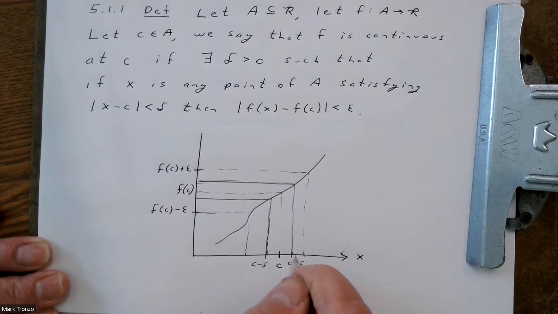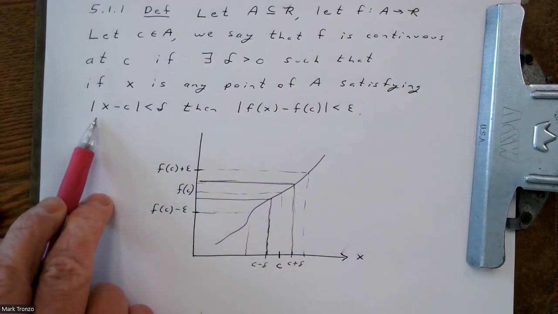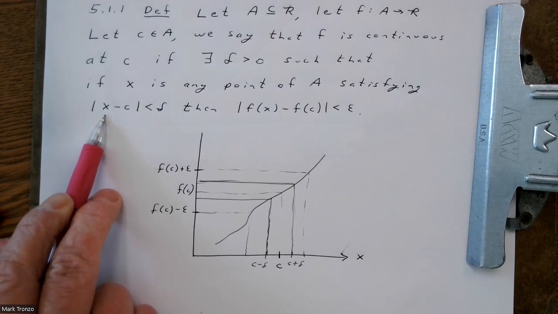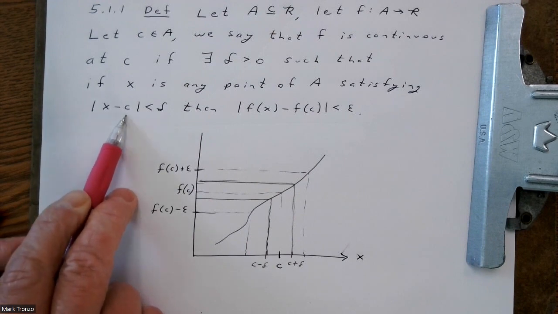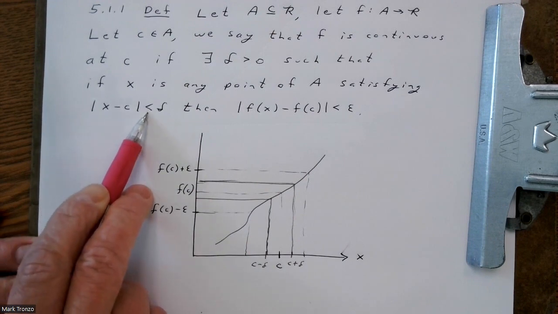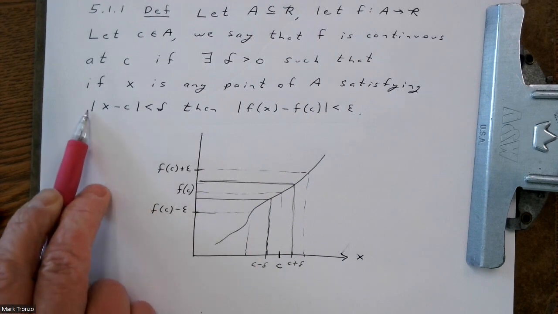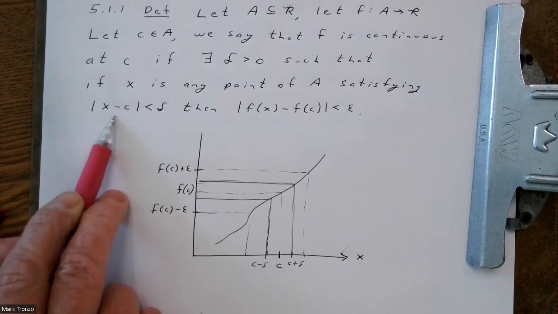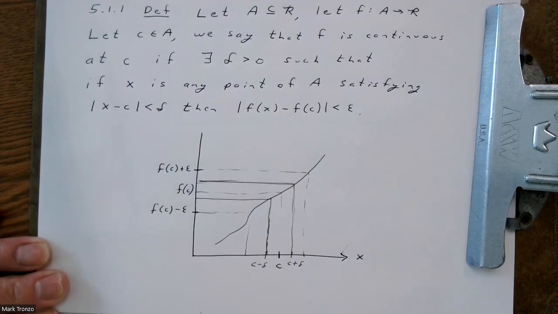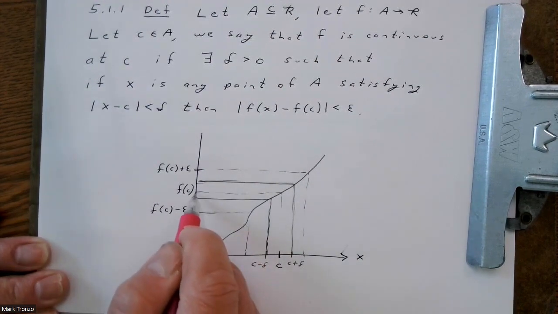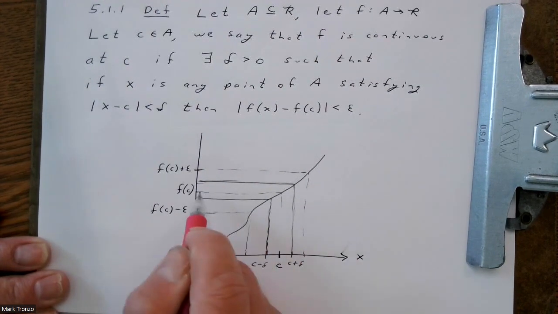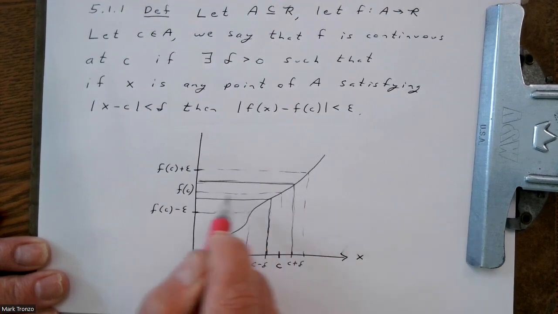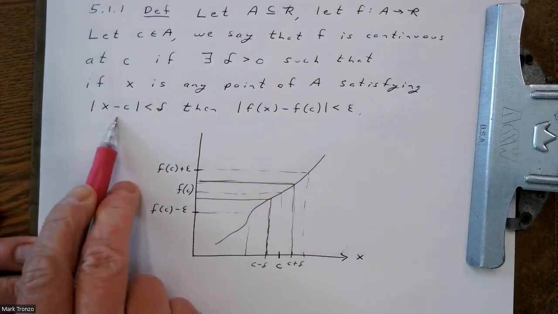Again, so we can map into here. And notice that the way it's written here, |x minus c| less than delta, this doesn't have to be greater than 0. So this could be 0. So in other words, f of c has to be included in here.